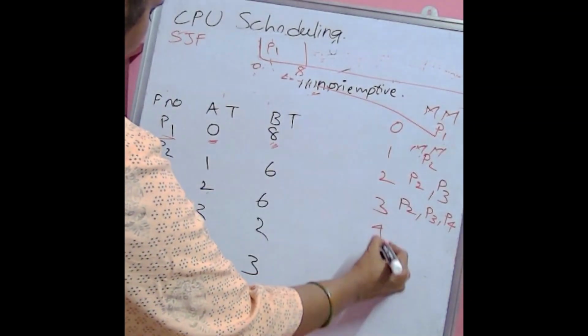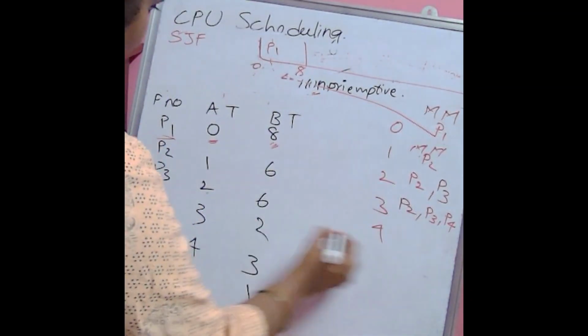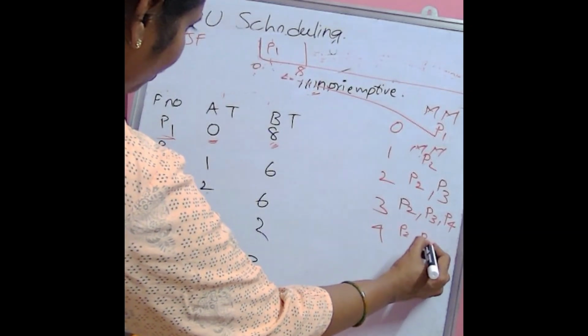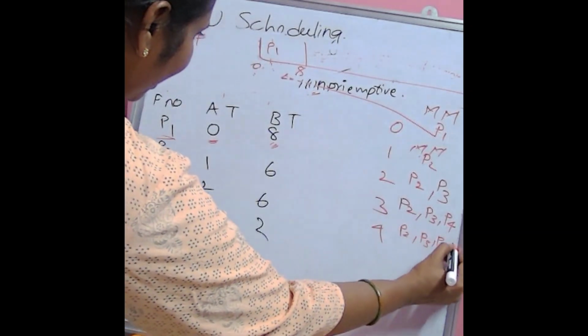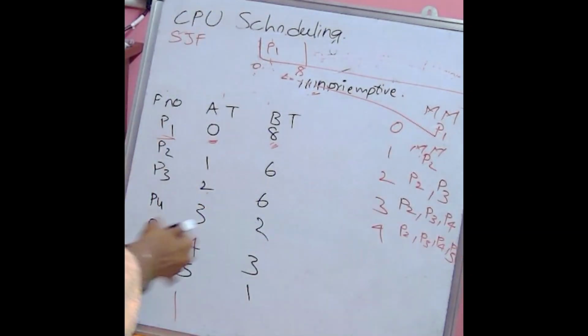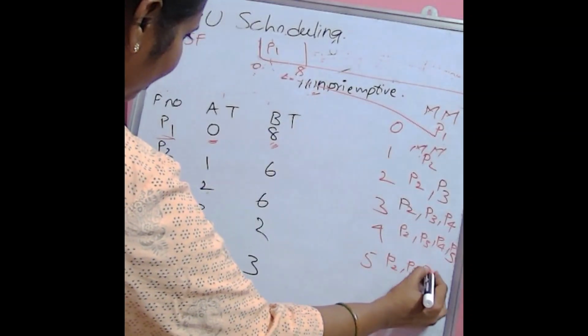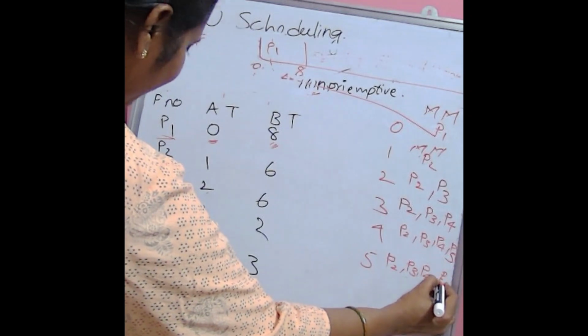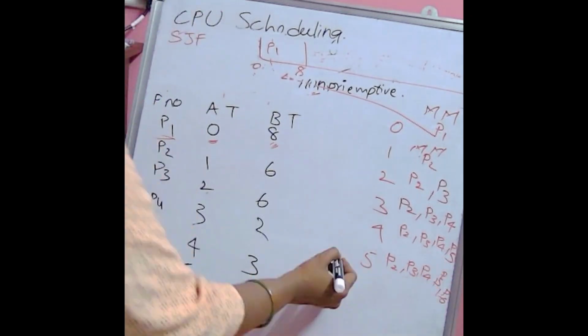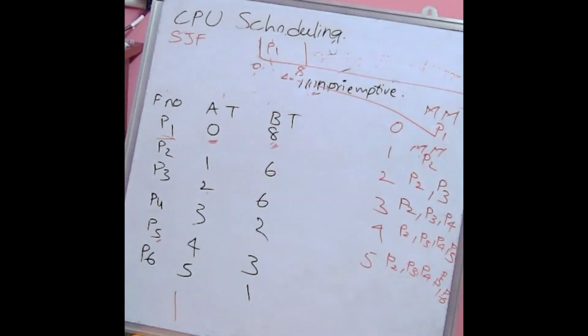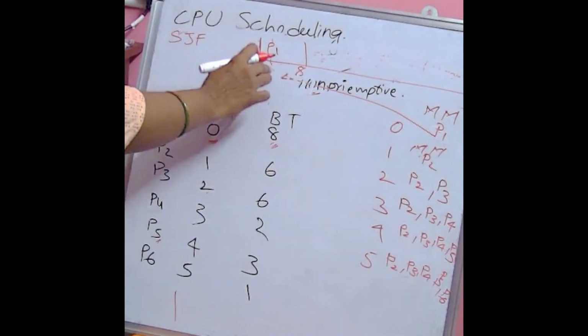Next, at relative time 4, P5 also entered the system. In main memory, P2, P3, P4, P5 are all available. At relative time 5, P6 also entered. So P2, P3, P4, P5, P6 are waiting in main memory for CPU allocation, but the CPU is with P1.